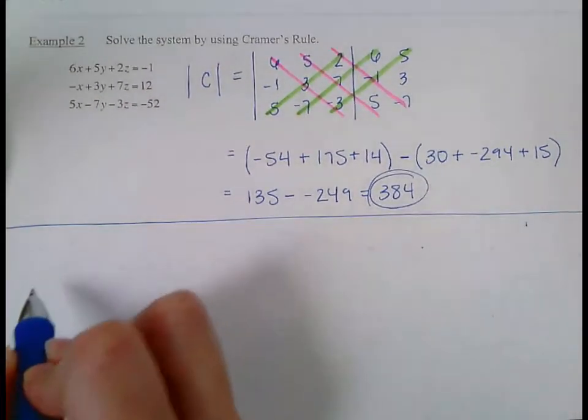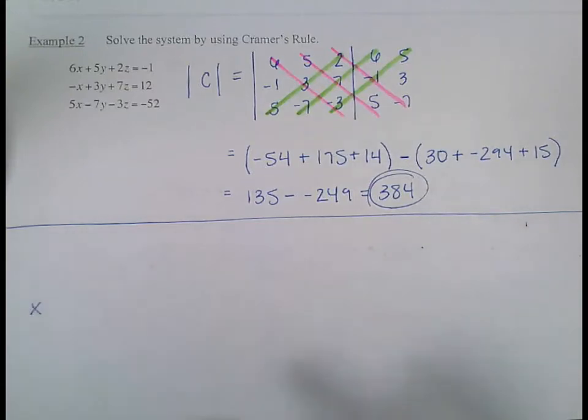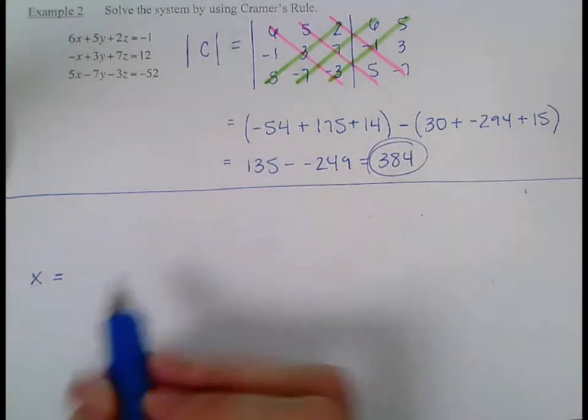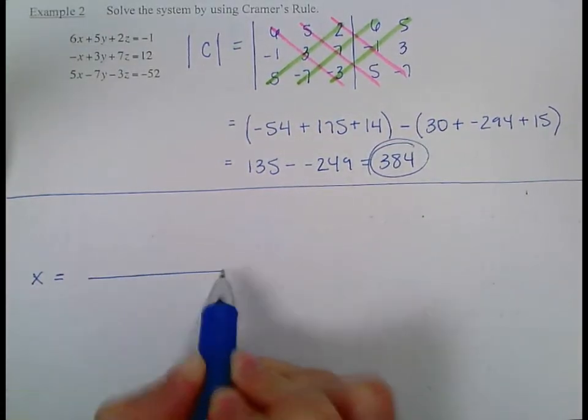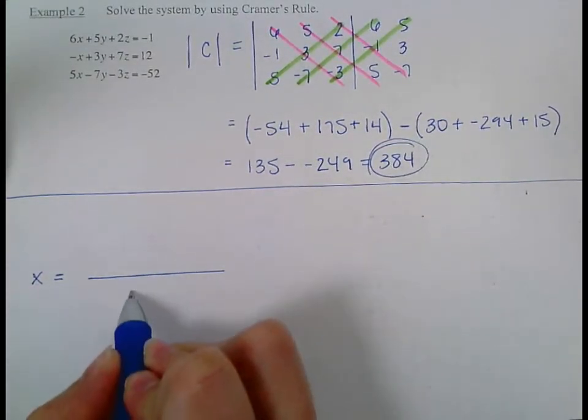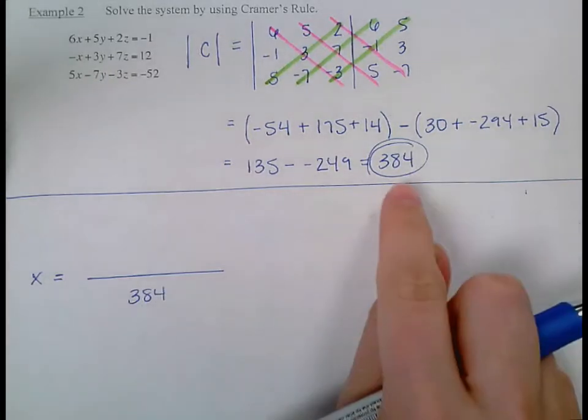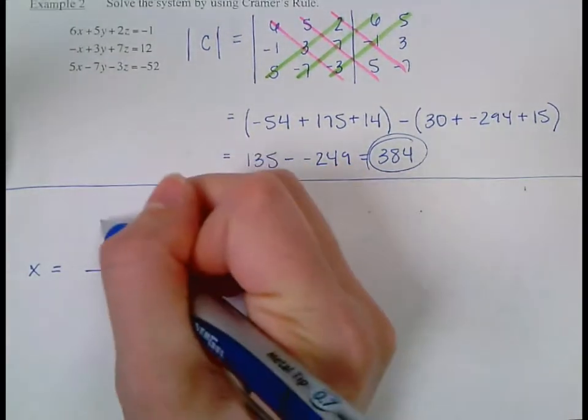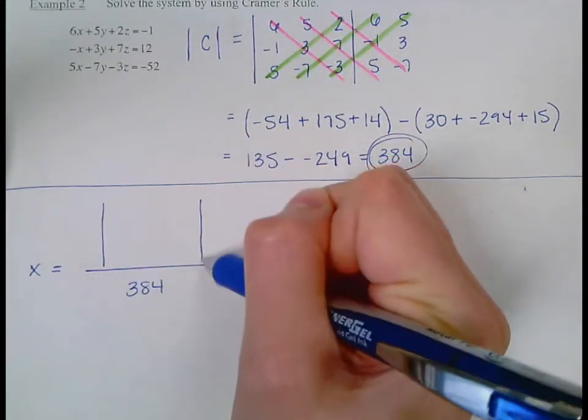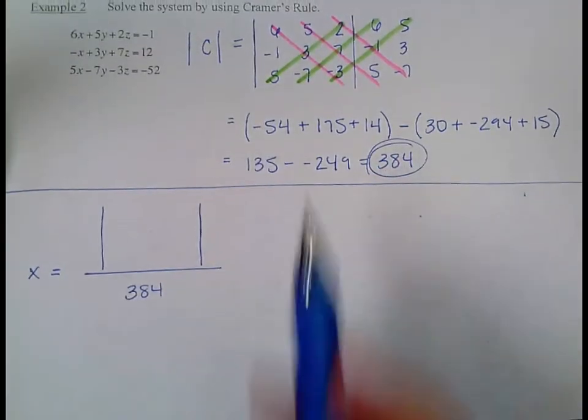All right, so now I'm going to find x. And so again, to set up x, I know the denominator is going to be 384, the determinant of c. And then I have a new 3 by 3 matrix on top.